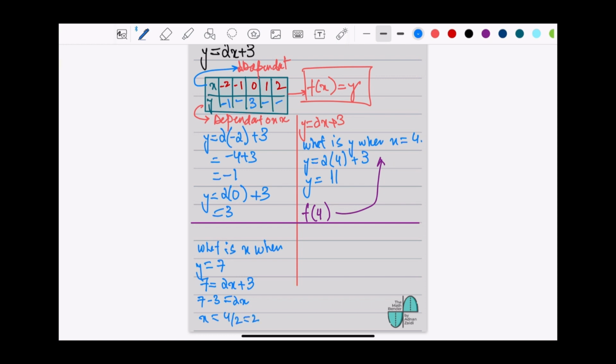And if I have to write this same question in function terminology, I'll write find x when f of x equals 7. You do the same thing, it's just that you replace this whole f of x with 7 and solve the same way that we solve this equation.